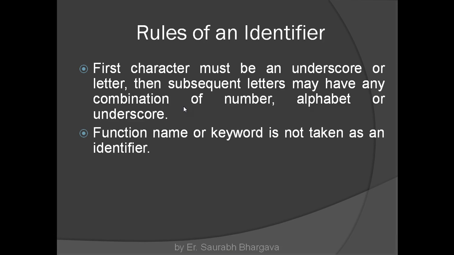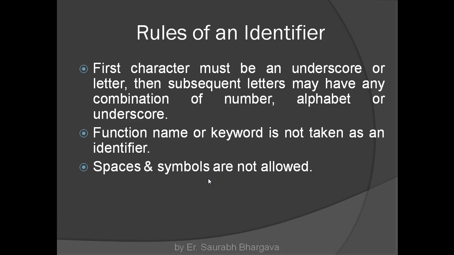A function name or keyword is not taken as an identifier because keywords are predefined words. They are already used by the compiler, and a function name is already used, and an identifier is used to identify the variable, so it should be unique. Therefore we cannot use a function name or keyword as an identifier.